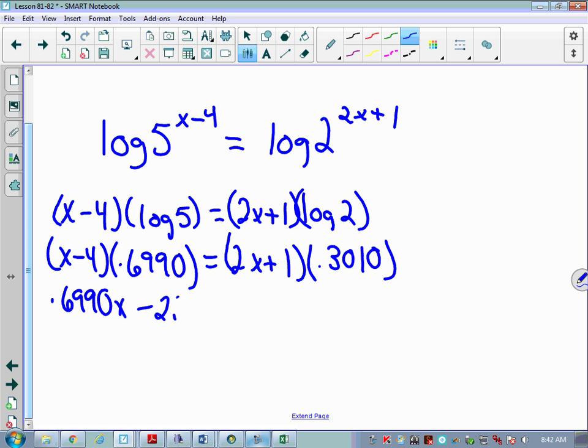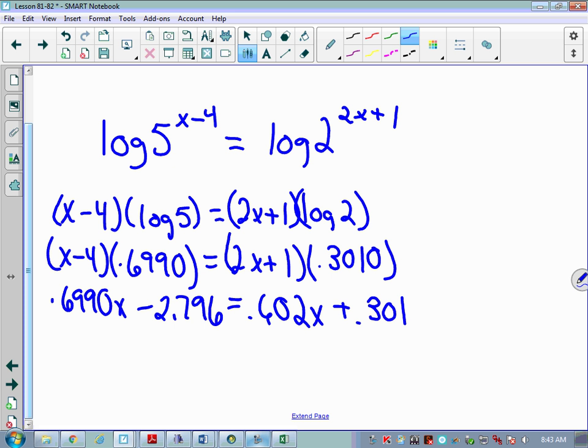Negative 2.796. We're going to take 0.3010 times 2, which should be 0.602x, and plus 0.301. Follow me so far?